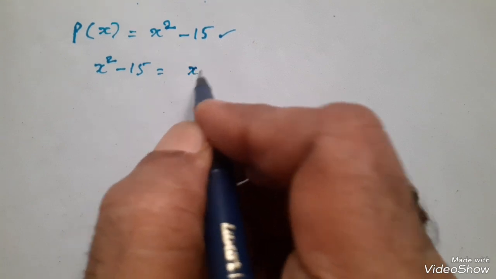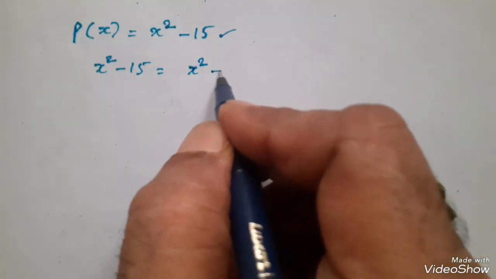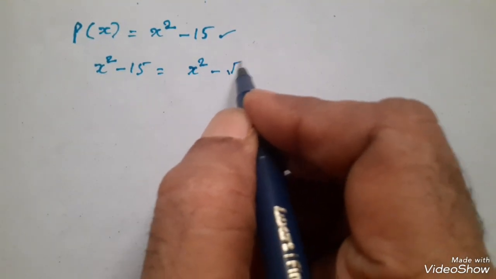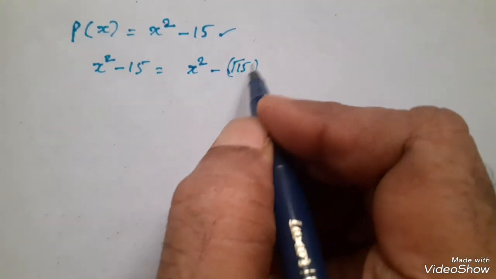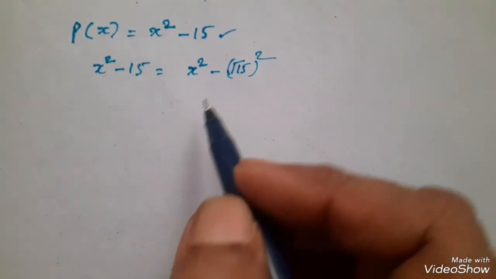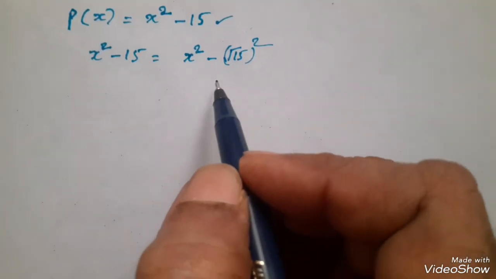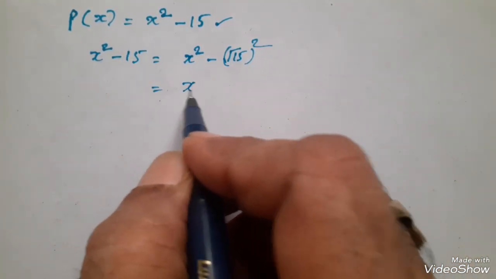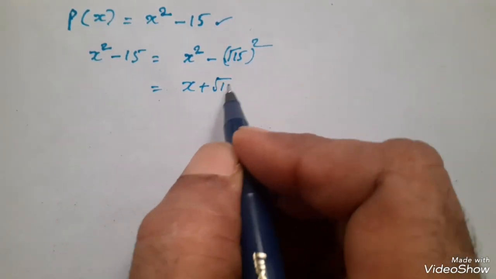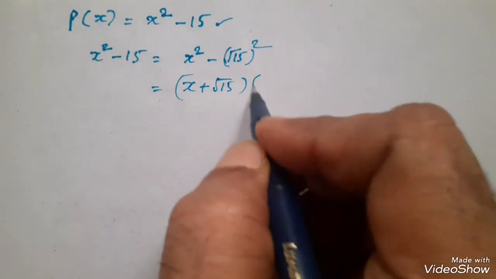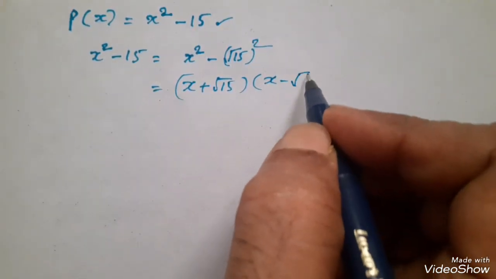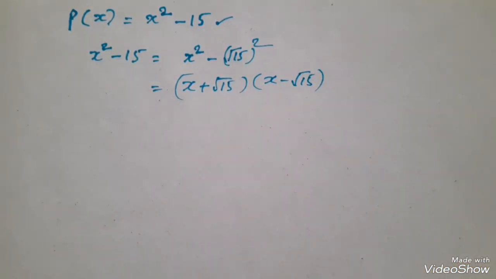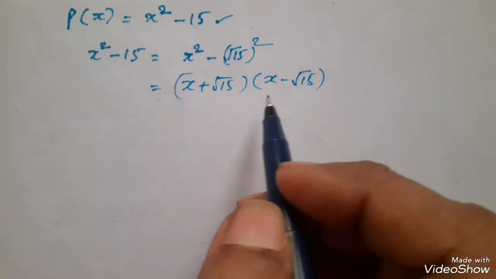So this you can write as x square minus (root 15) whole square. Now we get a square minus b square form. Then you can write here (x plus root 15) into (x minus root 15). Now we get two factors.